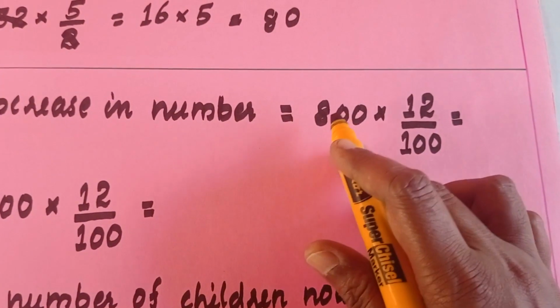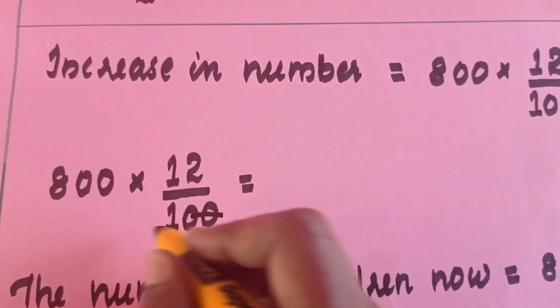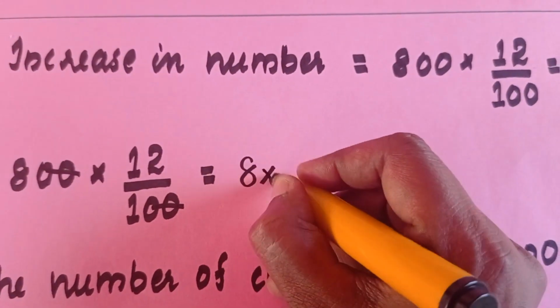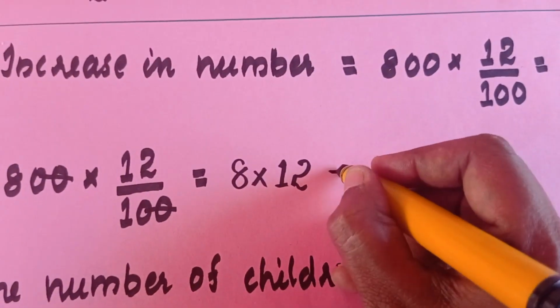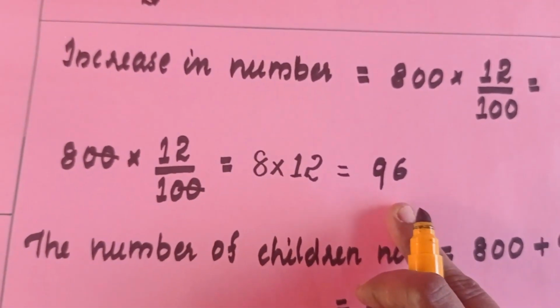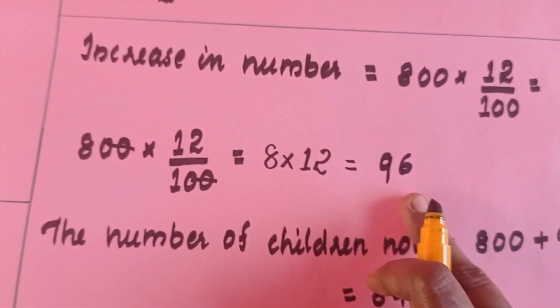Then cut these two zeros. 8 into 12 is equal to 96. Then the increase in number is 96.